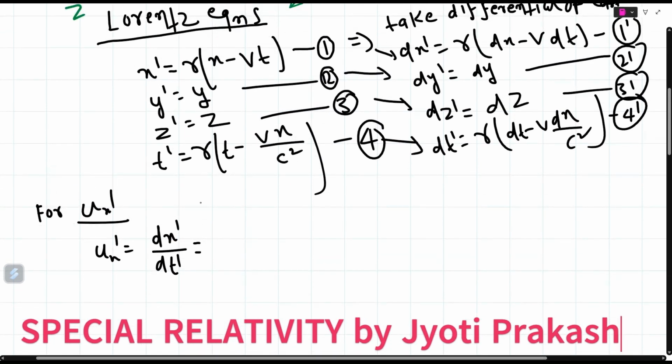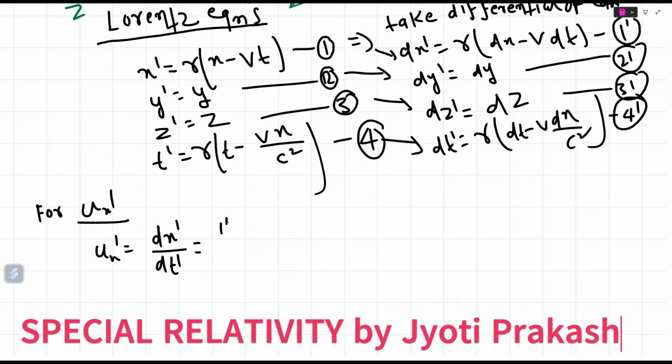So you divide the 1 prime equation by the 4 prime equation; we have to take the ratio of these equations.